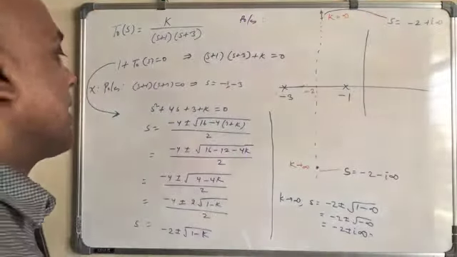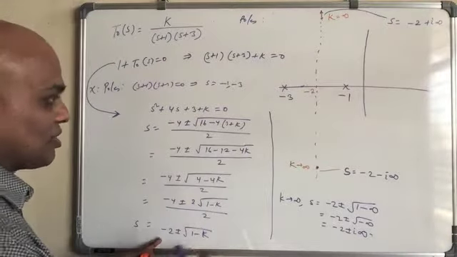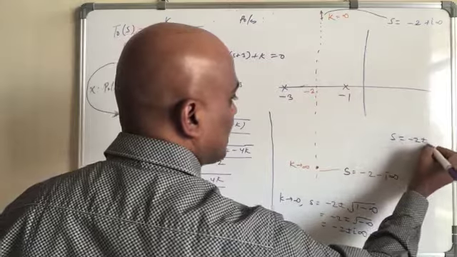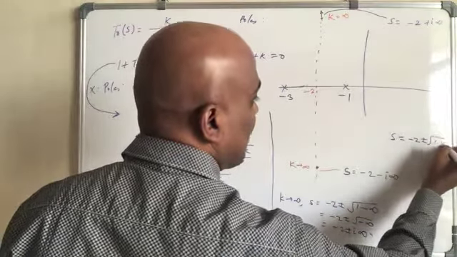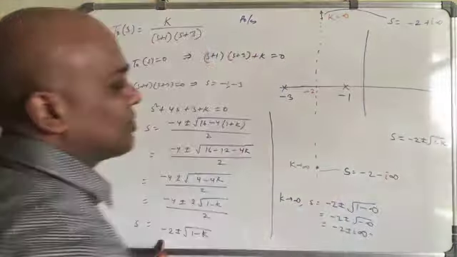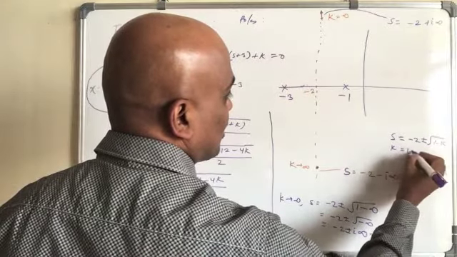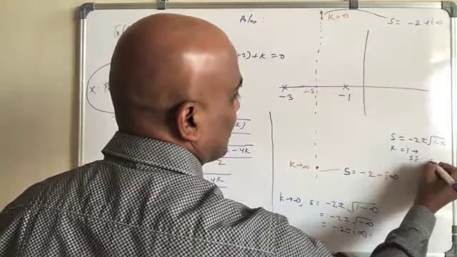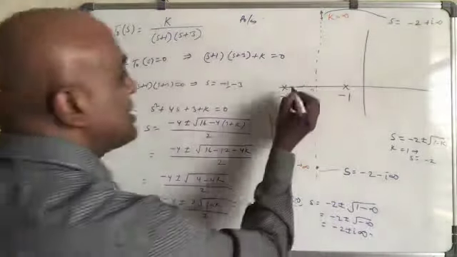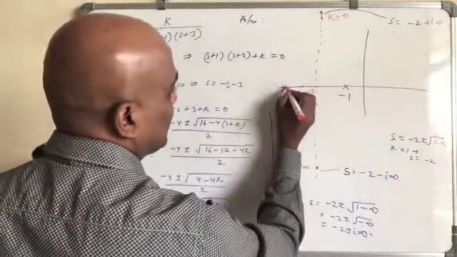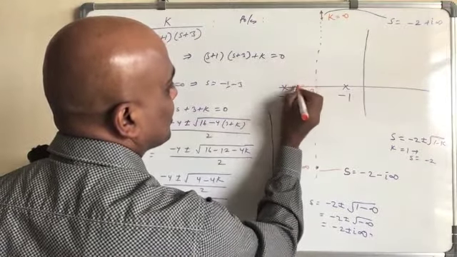And how do you find out? We find out from here. What is the value? S equal to minus 2 plus minus root 1 minus K. What you know is when K equal to 0. Okay, so K equal to 1, S equal to minus 2. What you see is this actually progresses from here to here.